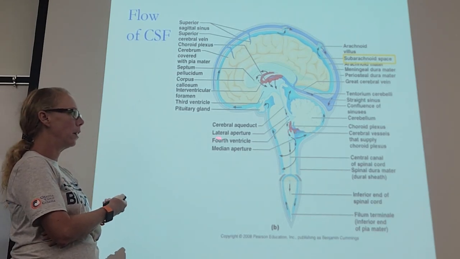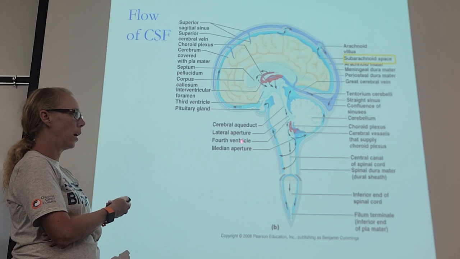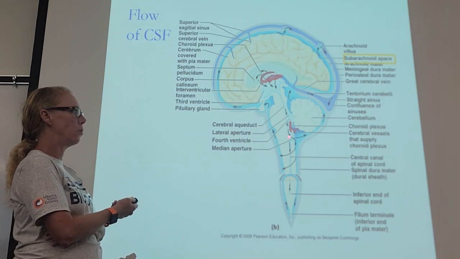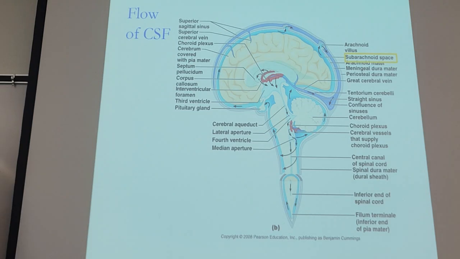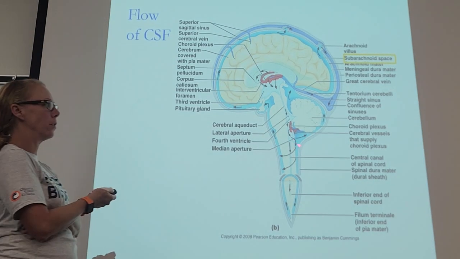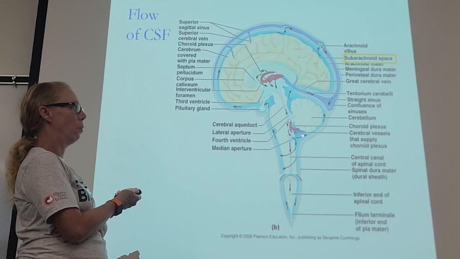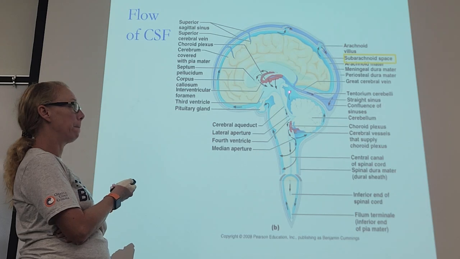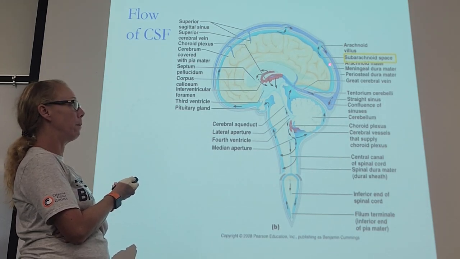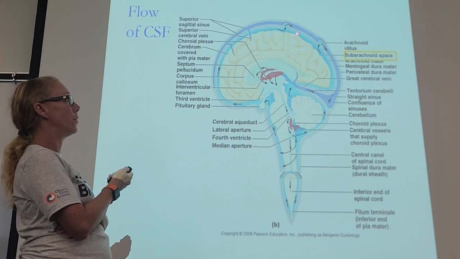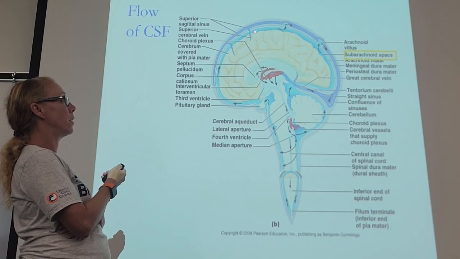So we're not gonna name the apertures. Just think of the apertures as doorways, doorways for CSF to leave the ventricles and enter the subarachnoid space, where it can bathe the cerebellum, okay? It can bathe the cerebrum.